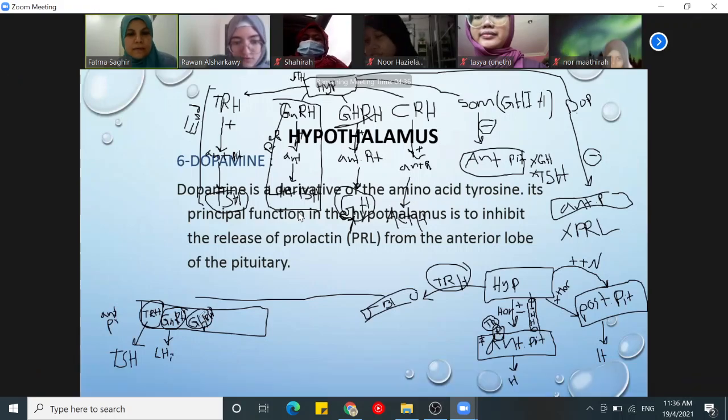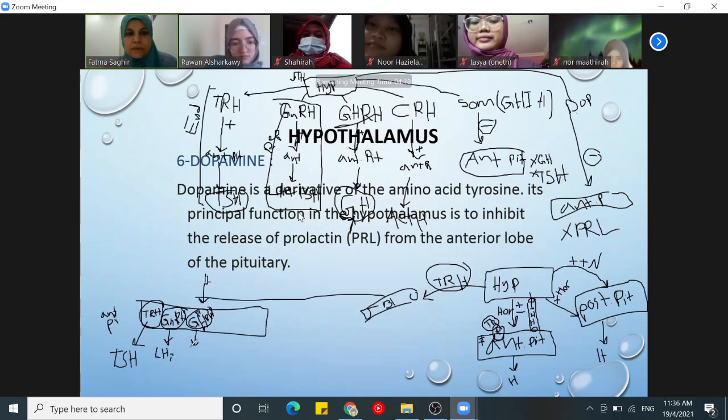Again? Stimulate pituitary gland to release growth hormone. Yes, so those cells have receptors to bind with growth hormone releasing hormone, which is coming from the hypothalamus. So once they bind with it, this group of cells within the anterior pituitary will secrete growth hormone.